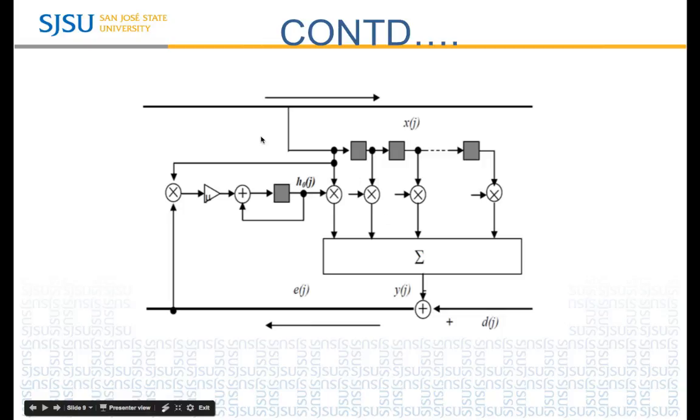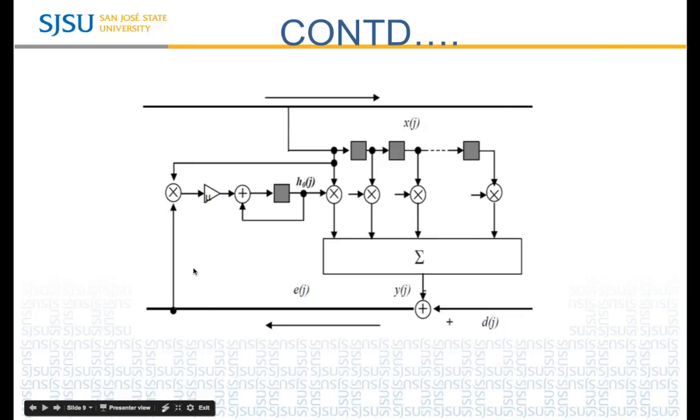This shows a brief block diagram of the LMS adaptive filter, where these are the weights of an FIR filter. Xj shows the input signal, Dj means the desired signal, and Y is the filtered signal obtained from Xj after the FIR filter.